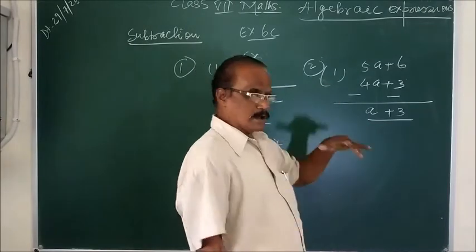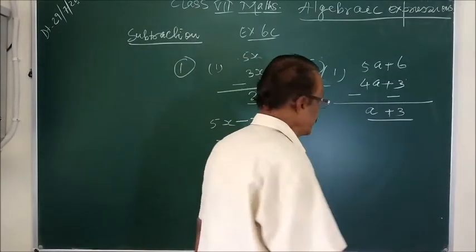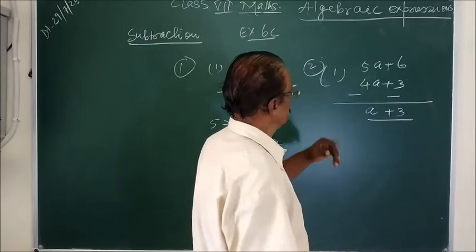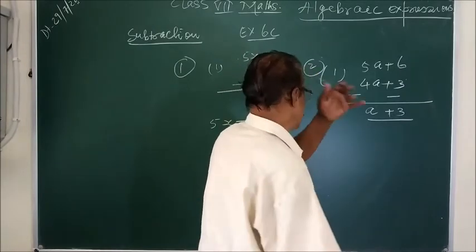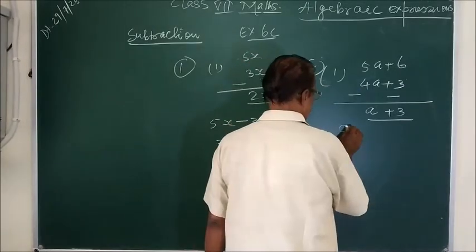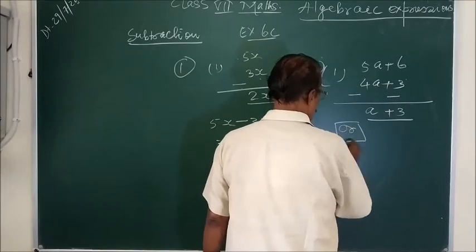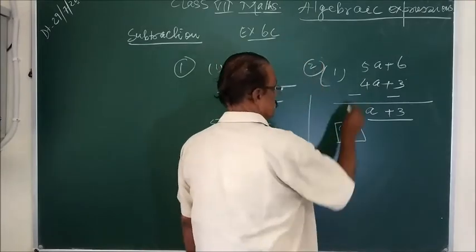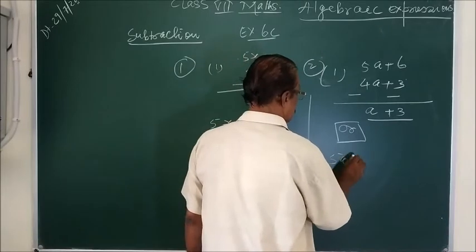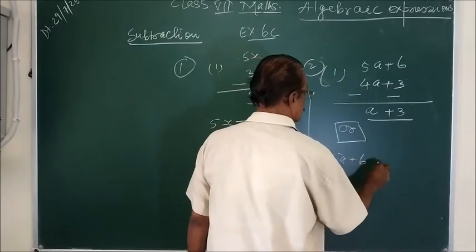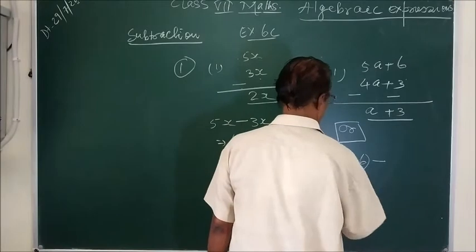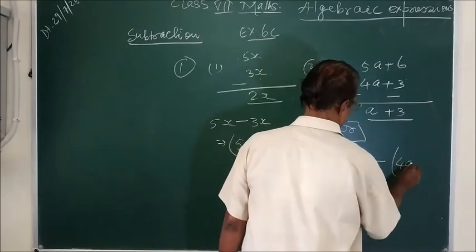अब इसी को यदि हॉरिजॉन्टल मेथड से करें, if you find the difference, subtract in horizontal method, तो इसको ऐसे भी बना सकते हैं: 5a plus 6 subtract 4a plus 3.